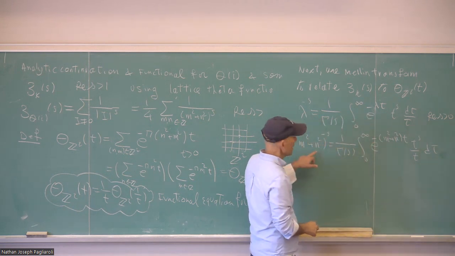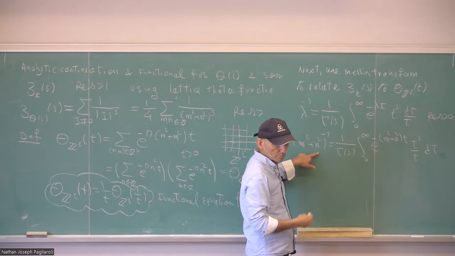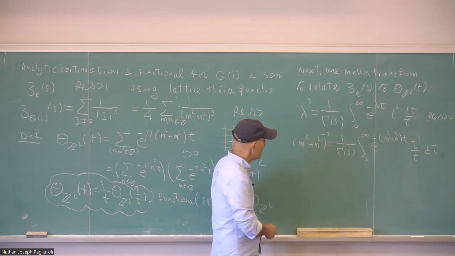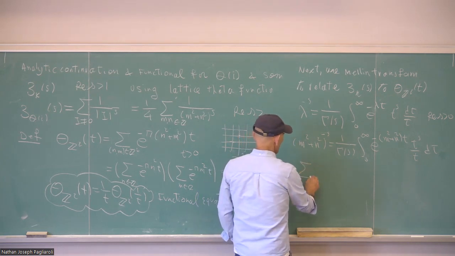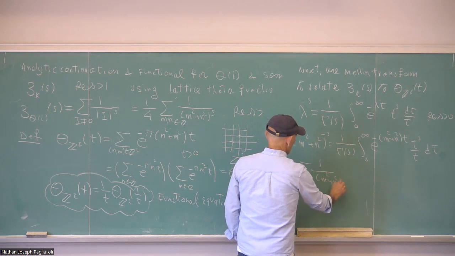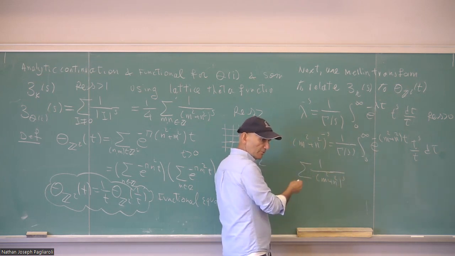Now, obviously here m and n cannot both be 0. And then we sum over all m and n. If you sum over all m and n, you get the sum of 1 over (m squared plus n squared) to the power s, which is your zeta function.